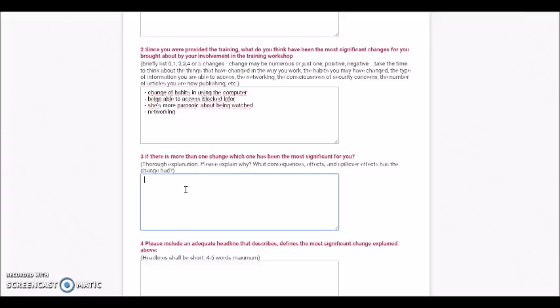So for example, in this case, let's say that she networked with some colleagues. Thanks to the training, they started a collaboration and they just created a new blog advocating for a range of human rights.